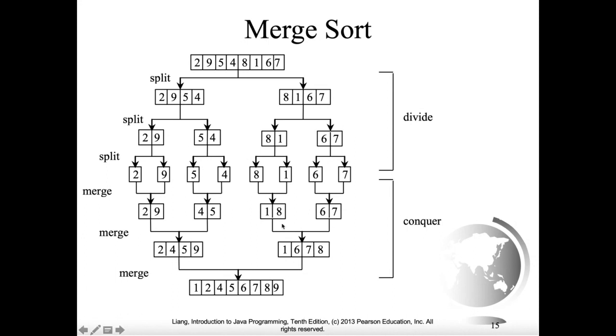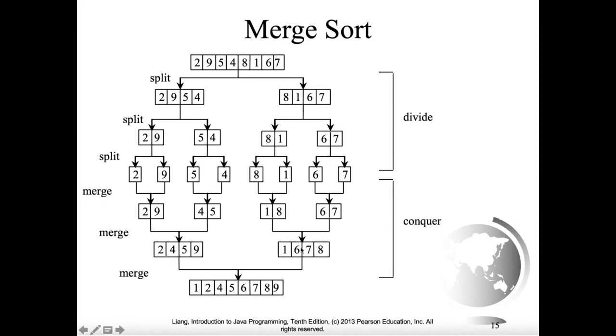Now we have 5 and 6 to compare. 5 is smaller than 6, so we're adding 5 into the list. We increment the index of list 1 and list 3 again. Now we have to compare 9 and 6, and 6 is smaller, so 6 is going to go to list 3.